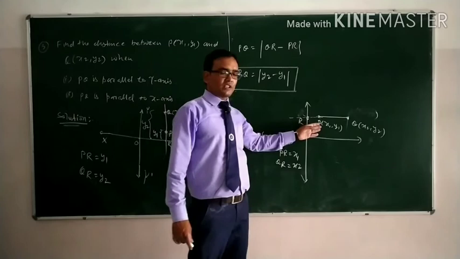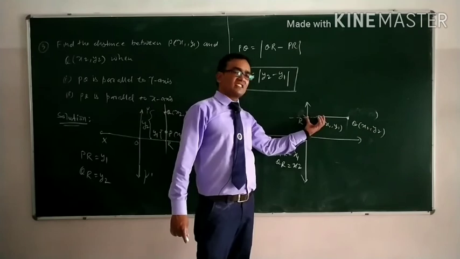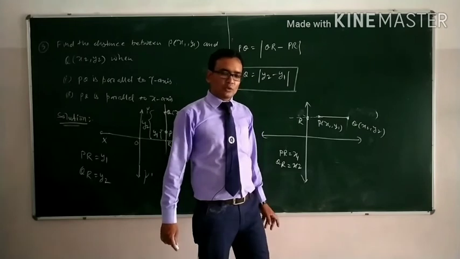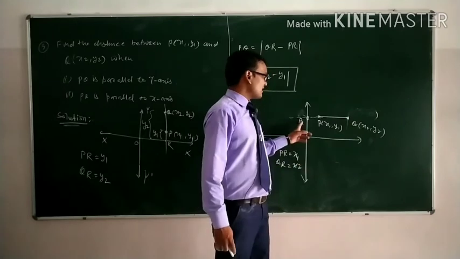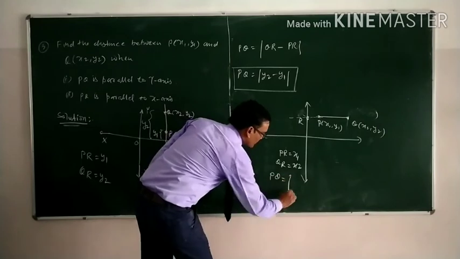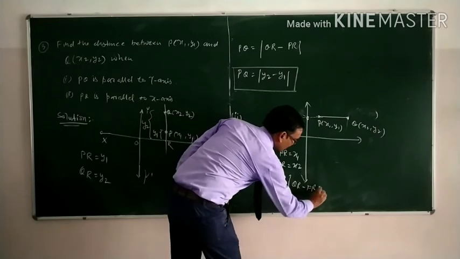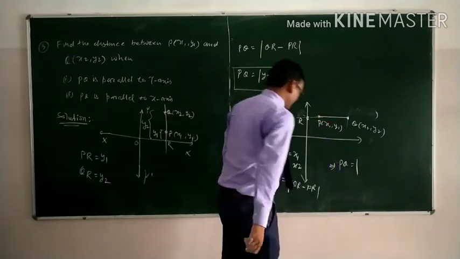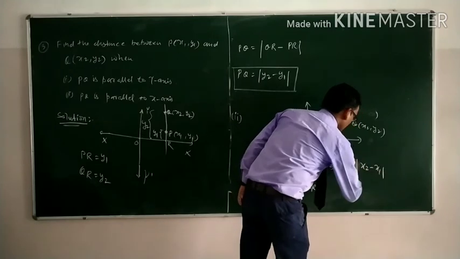Okay students, why? Because the coordinate of point P is x1 comma y1, then this is x1, and coordinate of Q is x2 y2, then this is x2, that means RQ is x2. We find PQ is mod of QR minus PR. Okay students, this implies that PQ equal to mod of x2 minus x1.